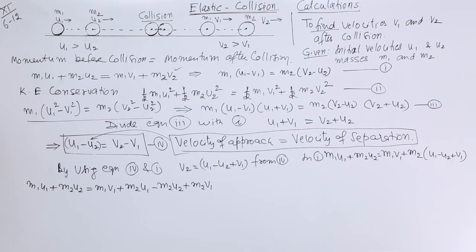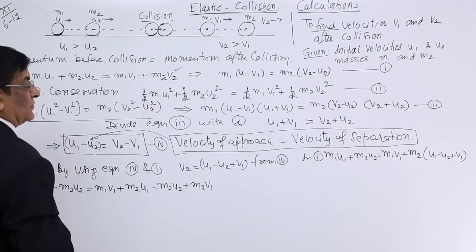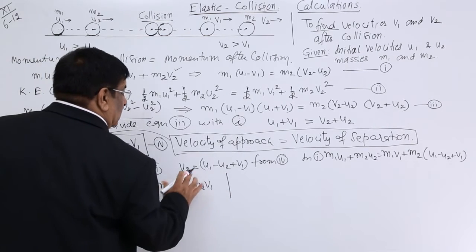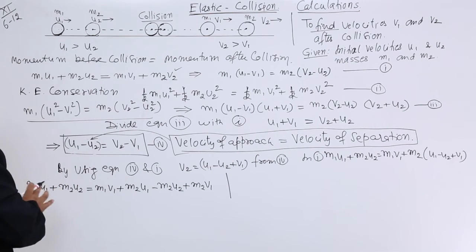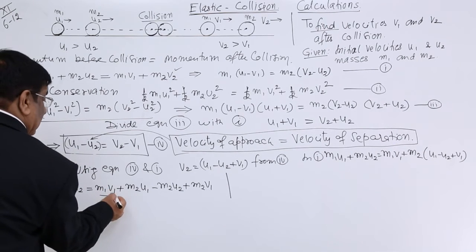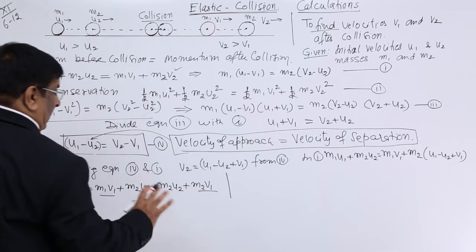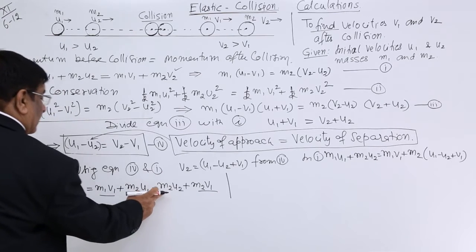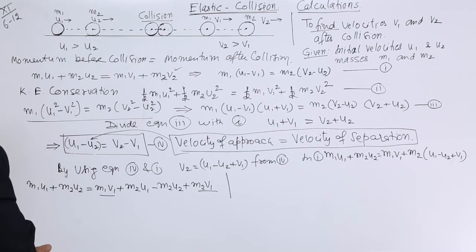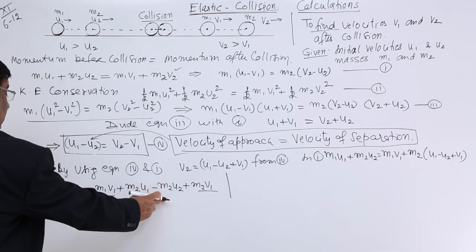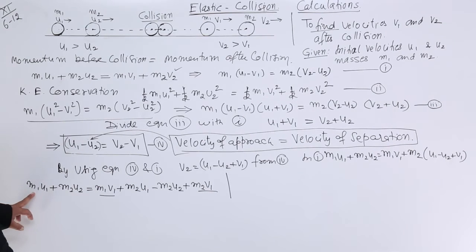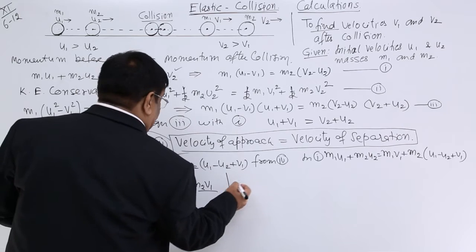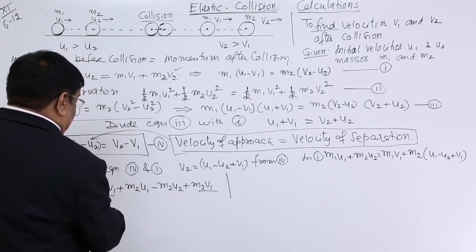Yes. Okay. Now we want to find out what is v1. So in this we separate out the terms of v1 on one side. So v1 is here, v1 is here, nowhere else. These two we transfer on this side. Now these two, when we transfer on this side, what do we get? m1 u1. First we write this on the left hand side.